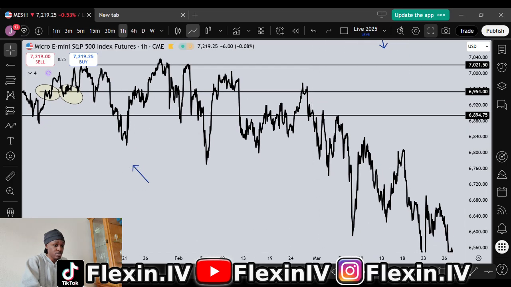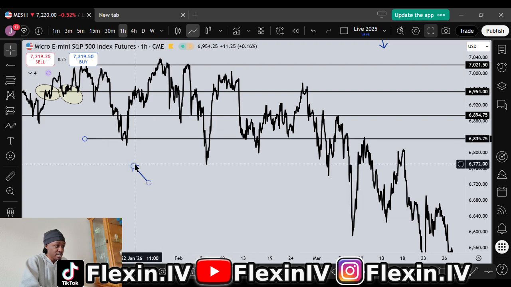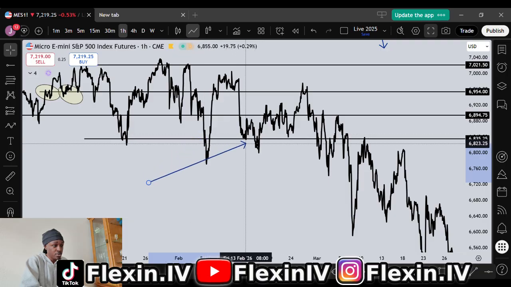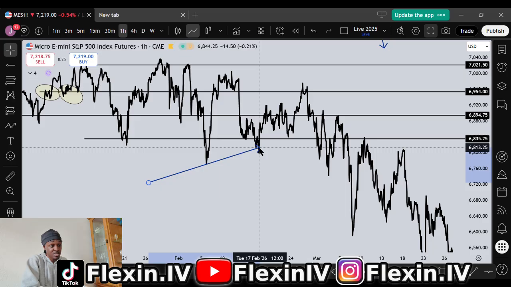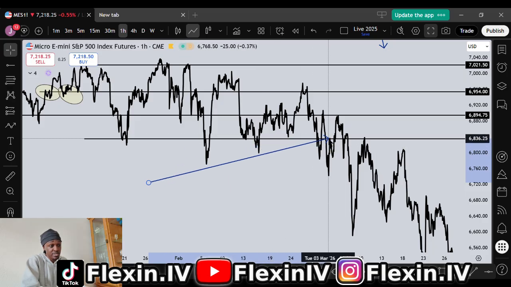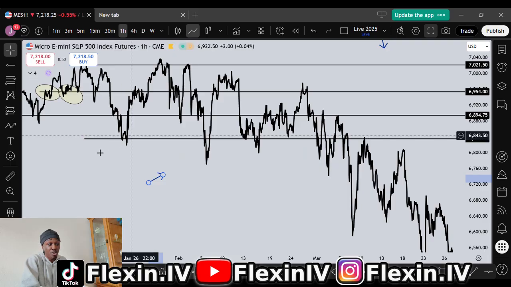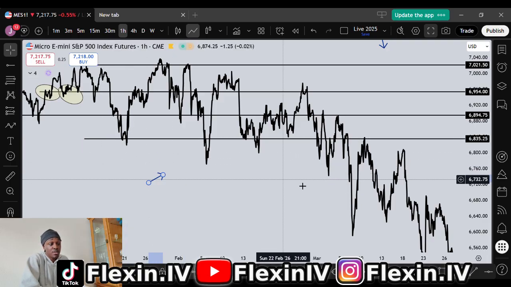Okay, so we're going to do one more. Let's do this area right here. Basically what I see is that it served as a support right here, maybe a bit of support right here, support, it bounced through, came back through, and then went down. So maybe a resistance, support, resistance, resistance, resistance. And I'm picking these levels off of small little details, and you can see just how they're reacting.